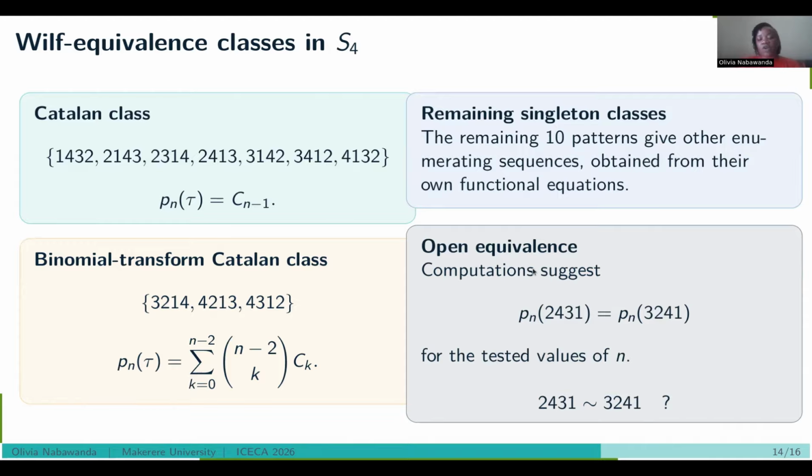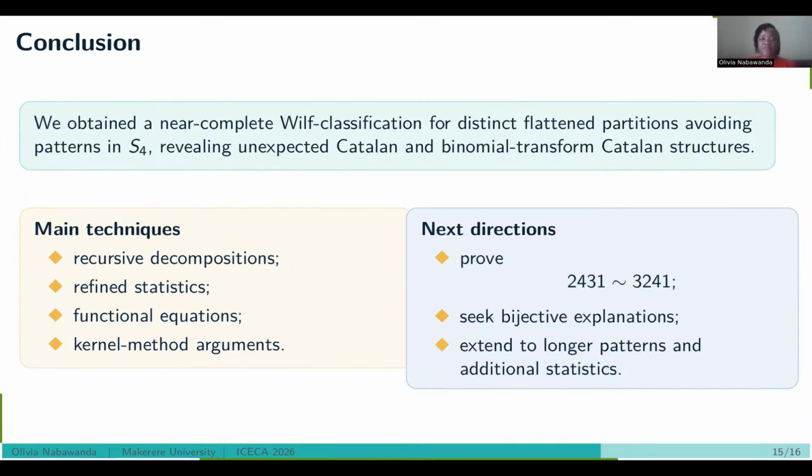We also observed that these two patterns, 2431 and 3241, had the same resulting sequence, and we tested these for n up to 15. So the question now remains open to construct a bijection between these two classes, these two sets of pattern-avoiding flattened partitions.